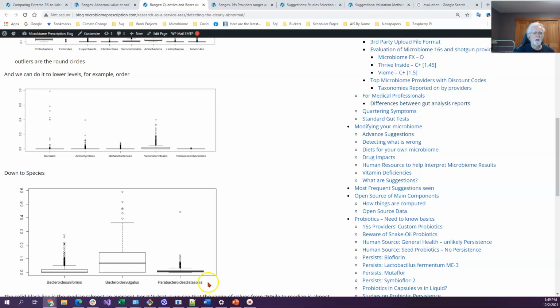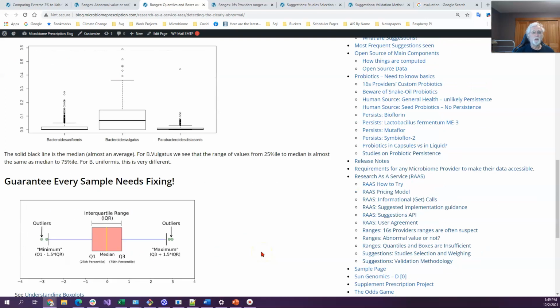The first issue is some people and some labs I've seen basically deem abnormal to be anything outside the 25th to 75th percentile. Very conservative, but there's a slight problem with that. In this range, 50% of the samples are going to be normal. But that means that 50% of the samples are going to be abnormal.